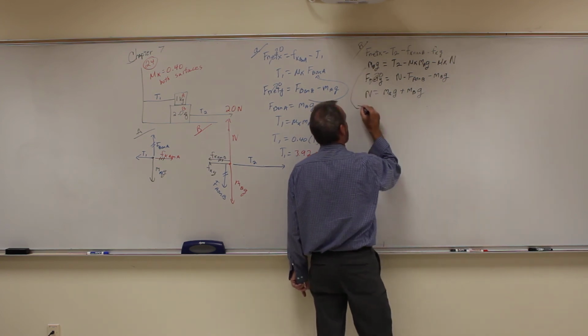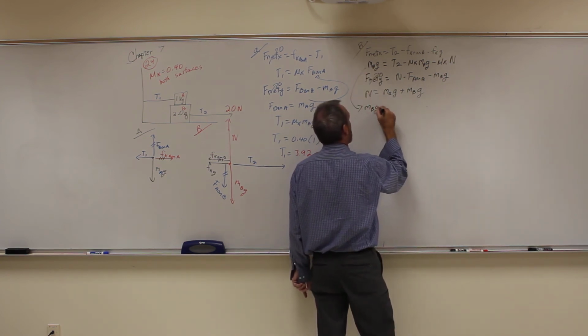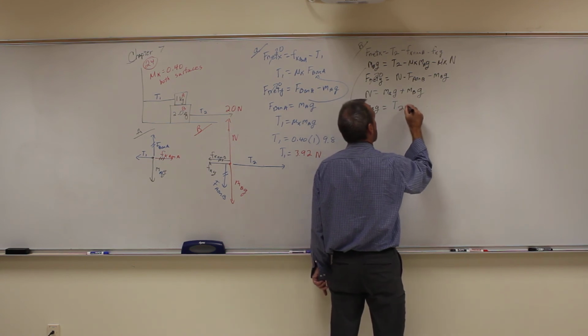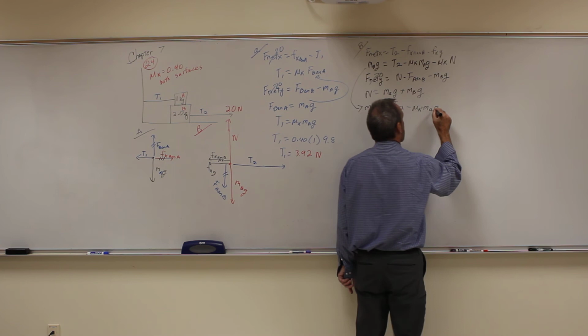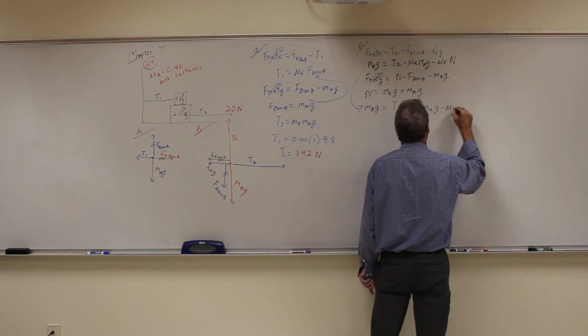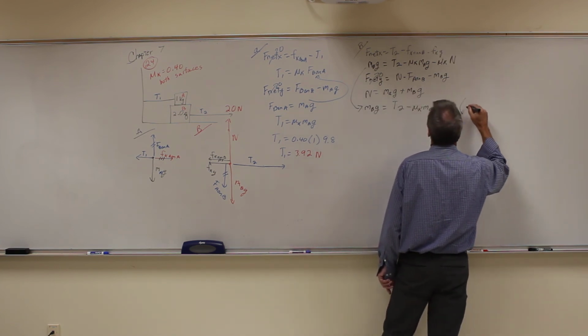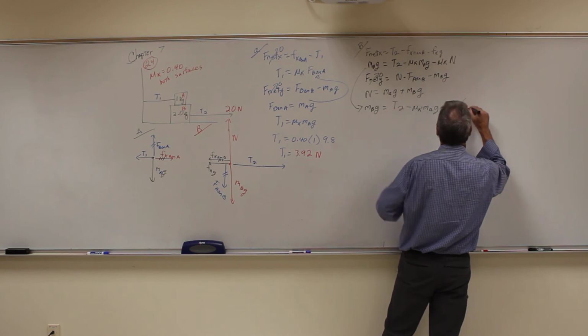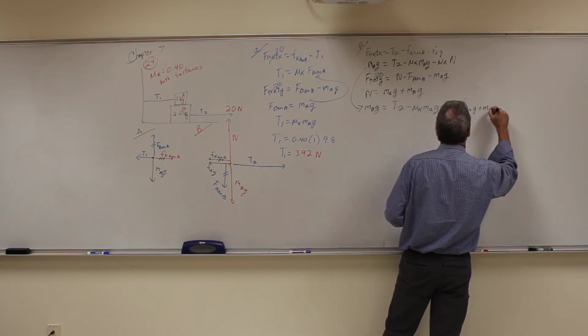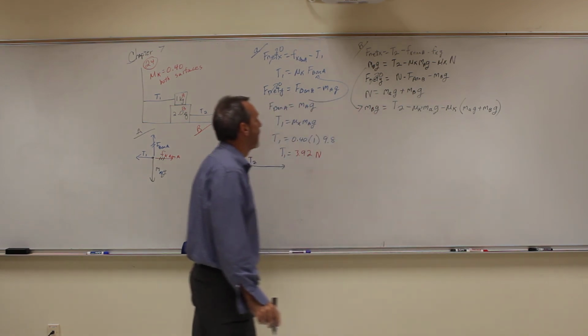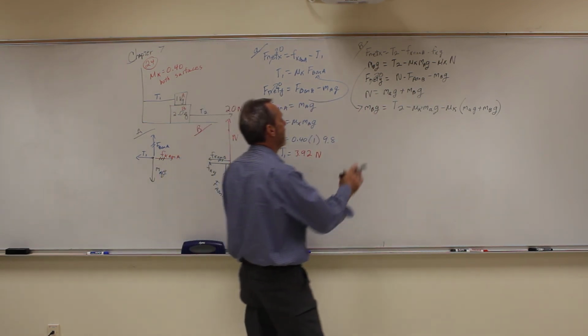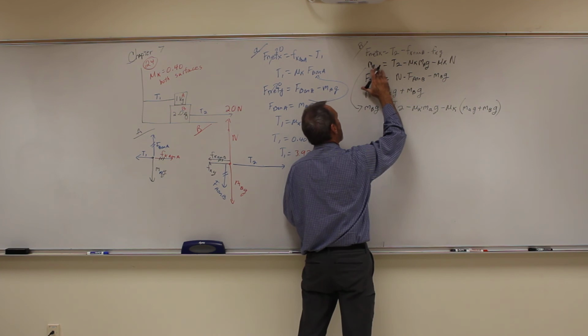So, coming back down here, I got MB times a is equal to T2 minus mu sub k MAG minus mu sub k times, I'm going to replace it with all this, MAG plus MBG. Oh, sorry. This is not G. I don't want to put a G in there.